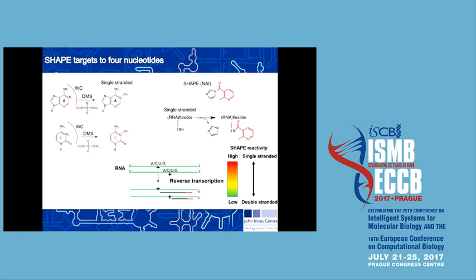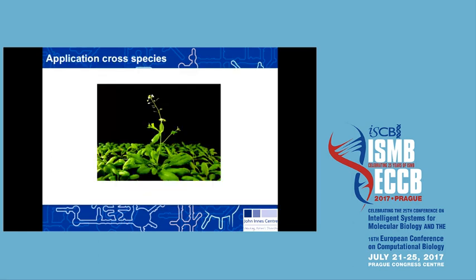So it also can be read out as a signal by the reverse transcriptase, because it will block. The difference between the two chemicals is that SHAPE can target all four nucleotides, A, U, C, G. It's similar to DMS reactivity: if you have a high SHAPE reactivity, that means you have a high probability of being single-stranded. Opposite, you have a high probability of being double-stranded.